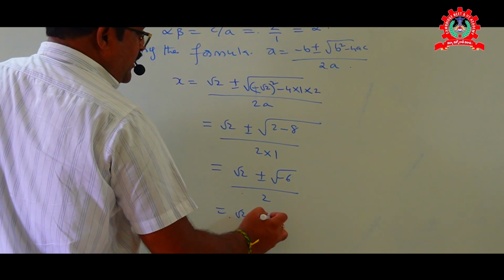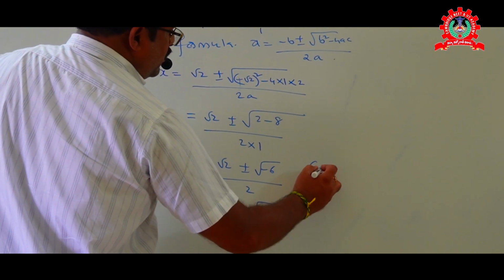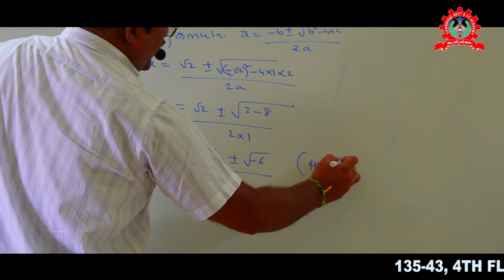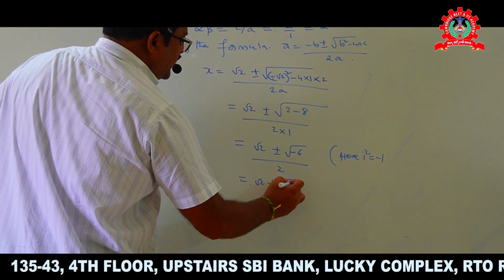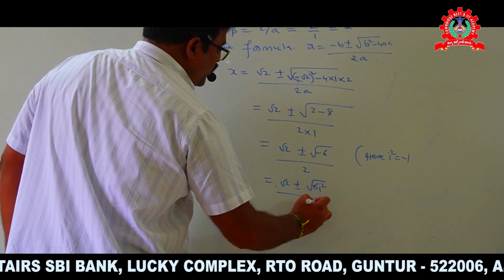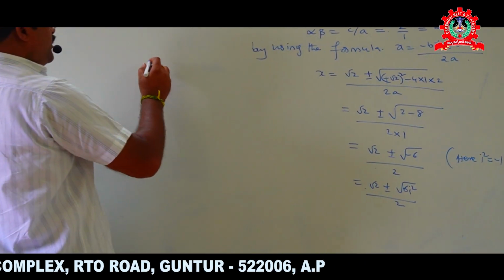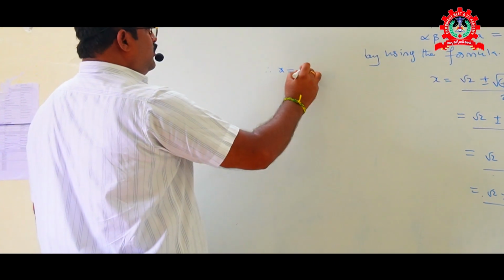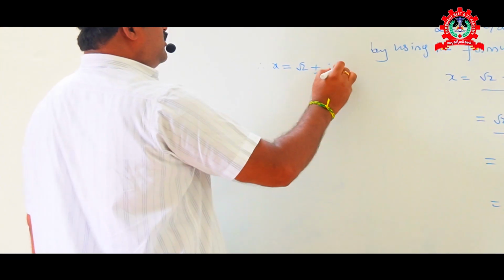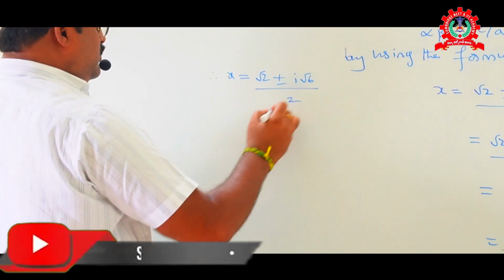Here i square is equal to minus 1, so minus 6 is 6 i square by 2. Therefore x is equal to root 2 plus or minus i root 6 by 2.